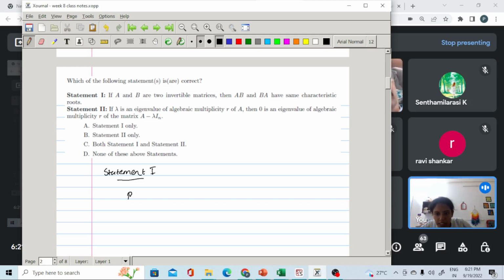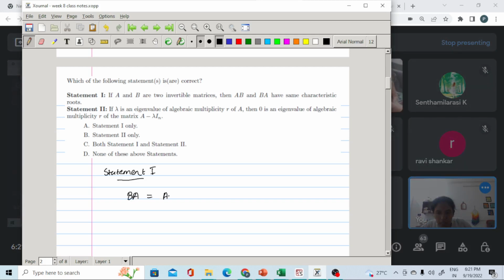I am writing BA as A inverse A times BA. I am just multiplying with the identity, IBA, of the corresponding order. Instead of the identity, I am writing A inverse A into BA.